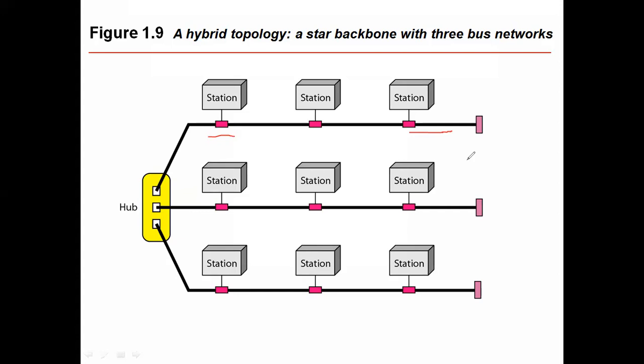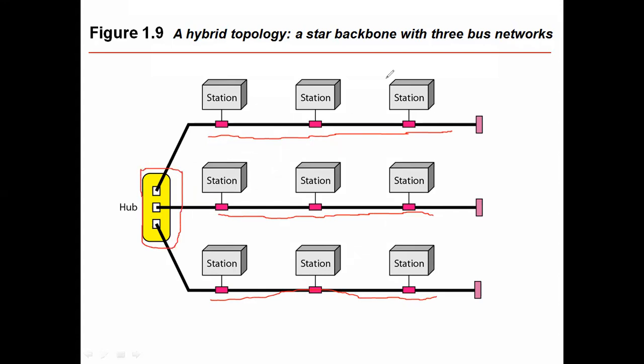Okay. So here we have a combination of bus topology and star topology. So here all the systems are connected using bus topology, and here also everything is connected using bus topology, and here also it has been connected using bus topology. But all these three buses are connected using a hub.